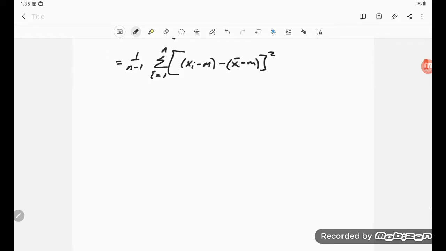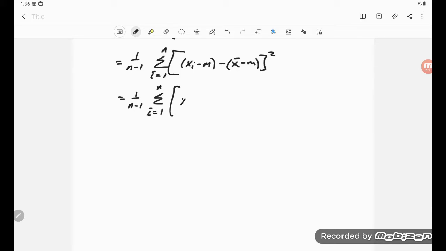Then the idea is that this x bar we can rewrite as a summation. So this is the sum i equals 1 to n.